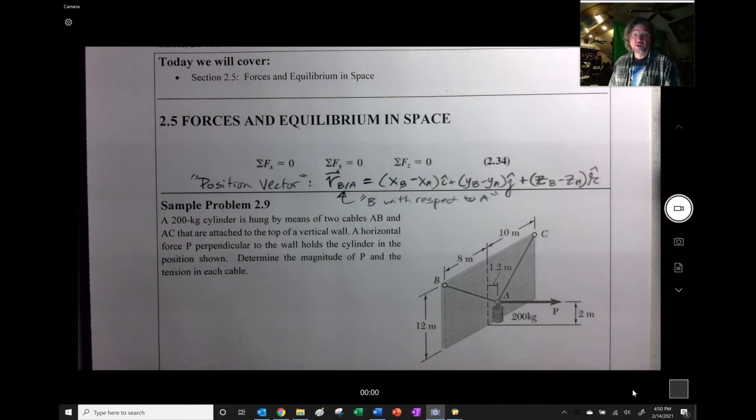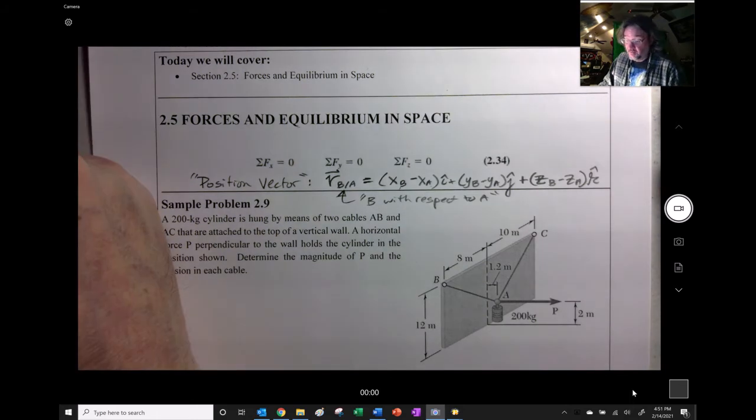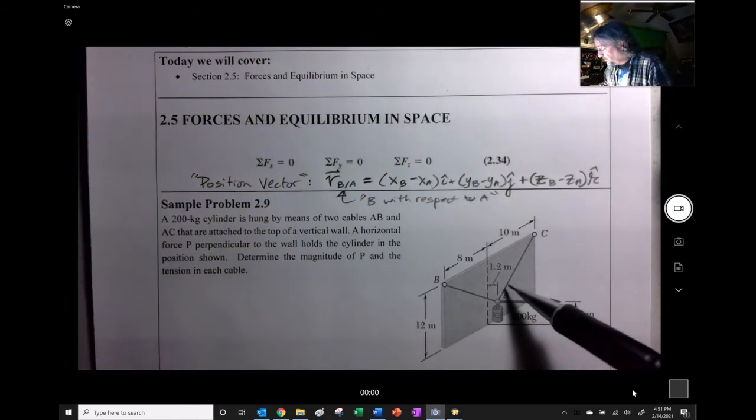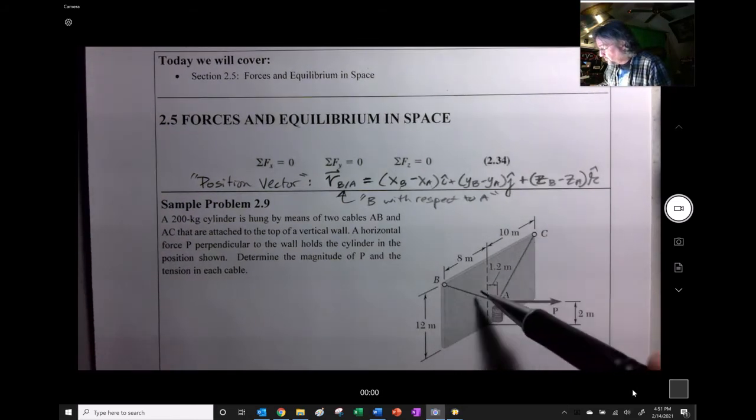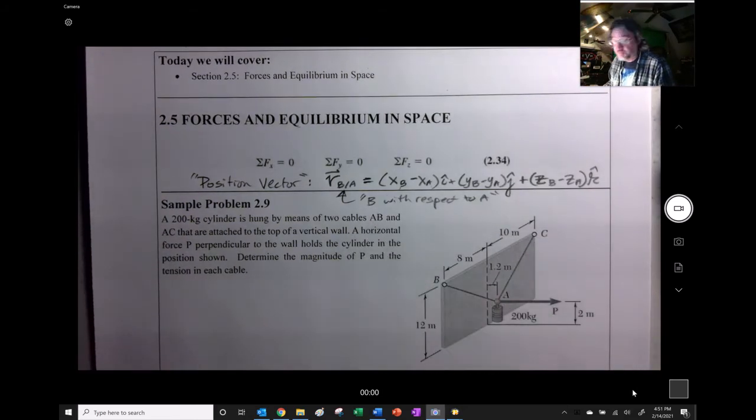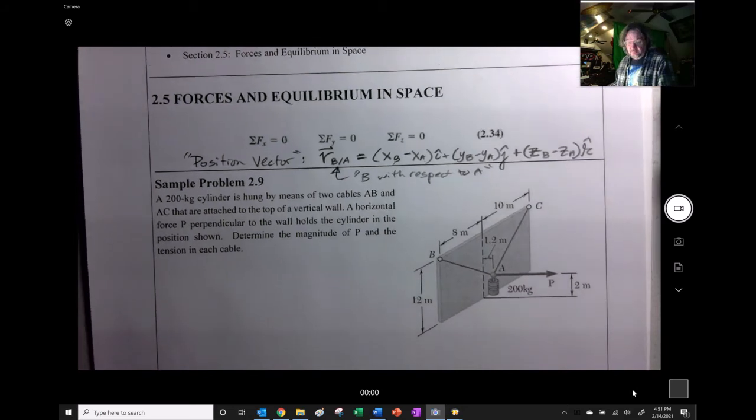So when we write out what each of the vectors are, like when we want to get the magnitude of this force right here, we're going to lay out this position vector in there.